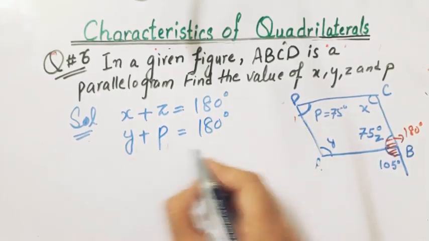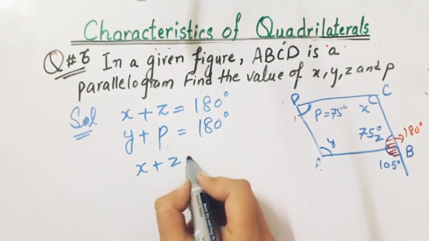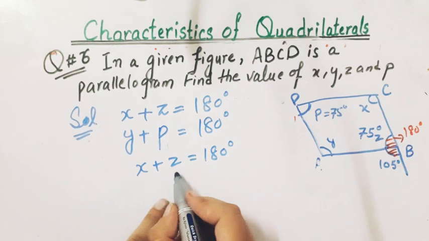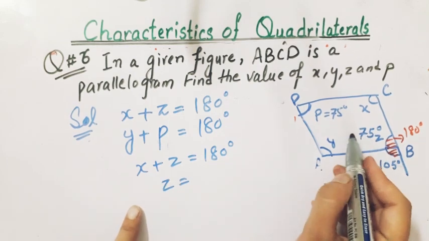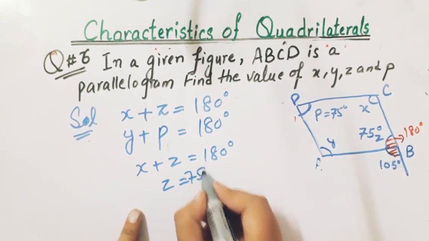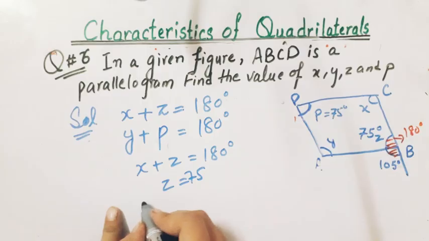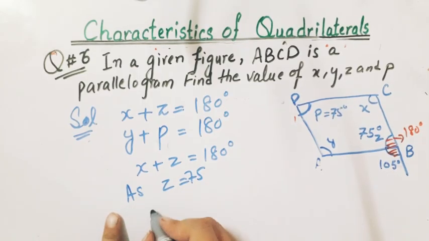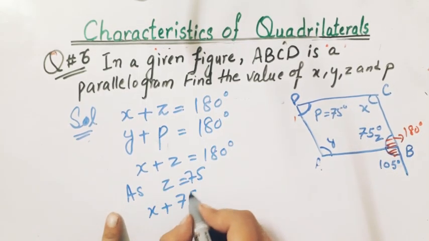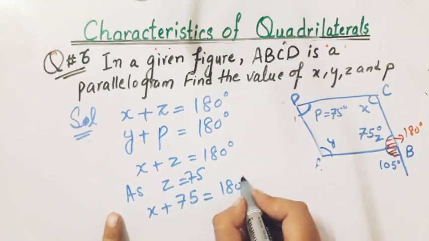So use any one equation, like x plus z equals 180 degrees. You know the value of z, since z equals 75. So put this value: x plus 75 equals 180.